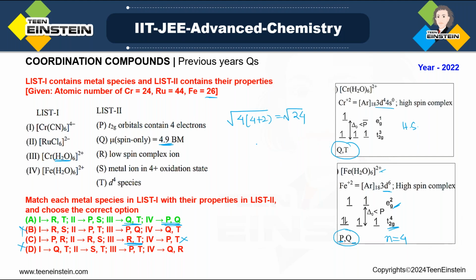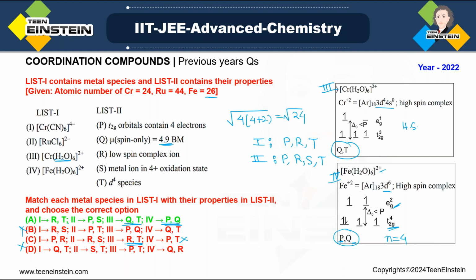So here is one interesting point that you have to understand. For complex 1, we have seen in the previous slide that it is basically matching with PRT, and complex 2 has similarity with PRST, and this is complex 3, this is complex 4. So only with complex 3 and 4, QT and PQ both are present.